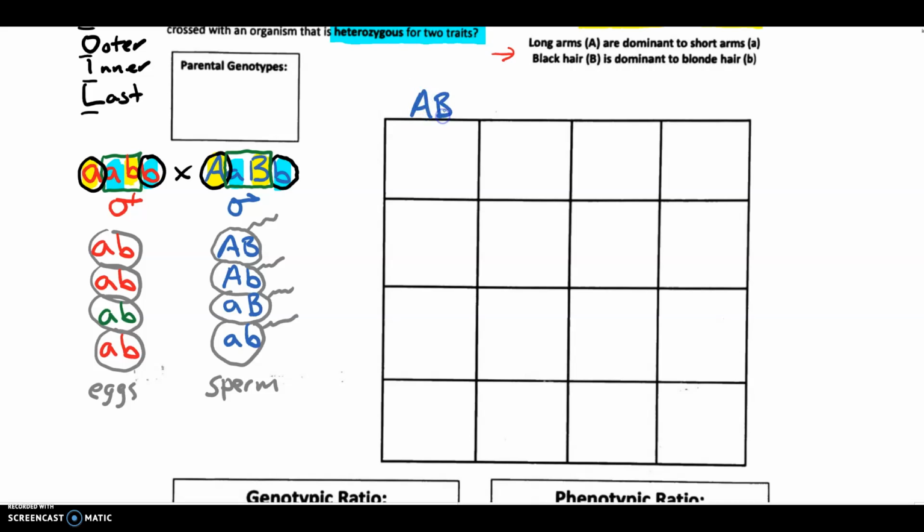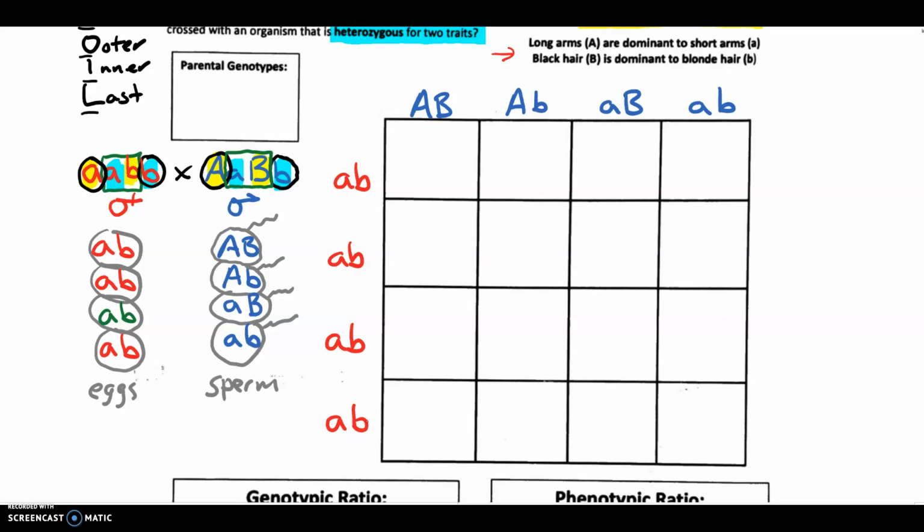Big A, big B, big A, little b, little a, big B, little a, little b. And we're going to rewrite the female egg cells on the left. Little a, little b, four times.